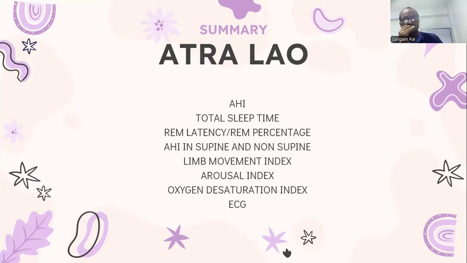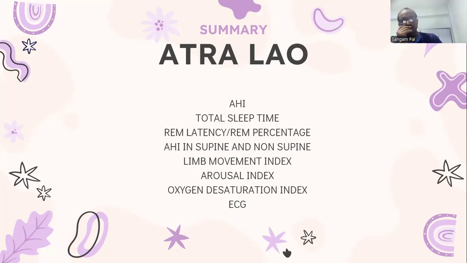Then we have to see apnea hypopnea index in supine and non-supine position. If the patient has very less apnea hypopnea index in non-supine position, that gives a therapeutic value of advising the patient to lie in lateral position or non-supine position, and he may not require any treatment at all.